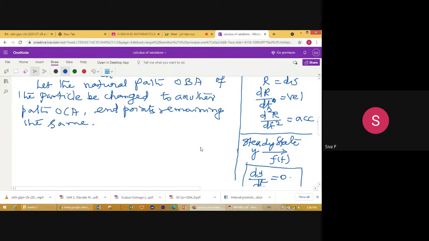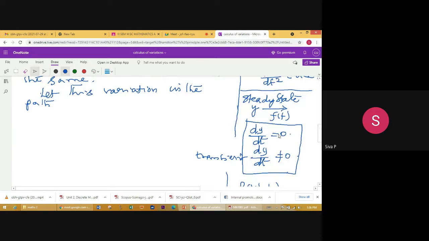Endpoints remaining the same. Let this variation in the path be often called virtual displacement.